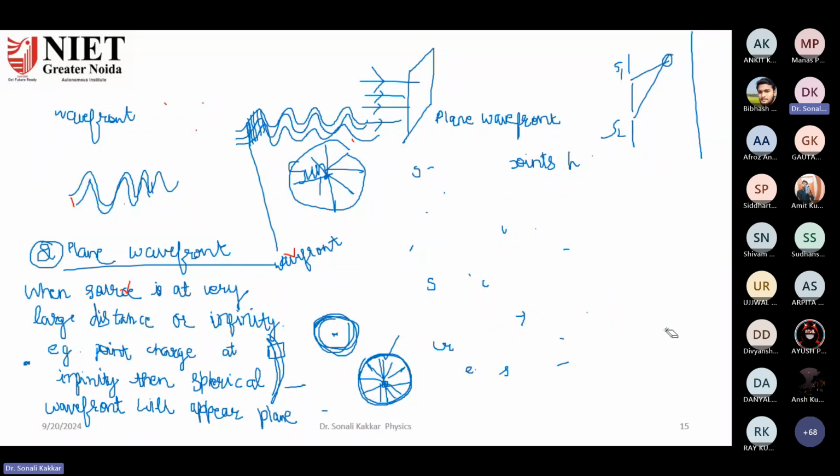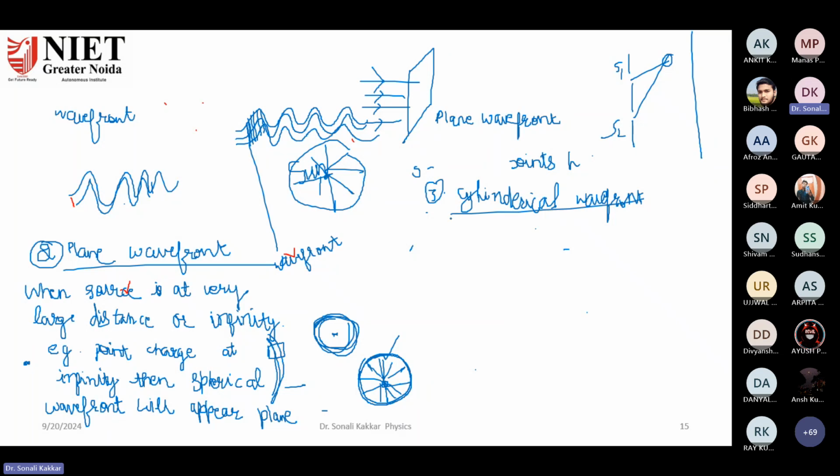Cylindrical wavefront. What is the origin of cylindrical wavefront? The third type is cylindrical wavefront. Example? Tube light. And linear source. Yes, tube light is a very good example.